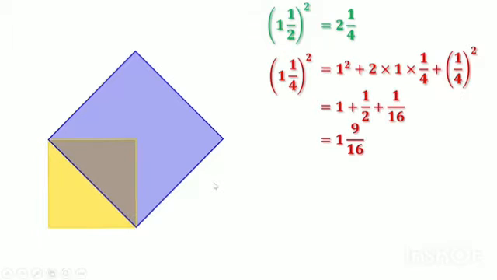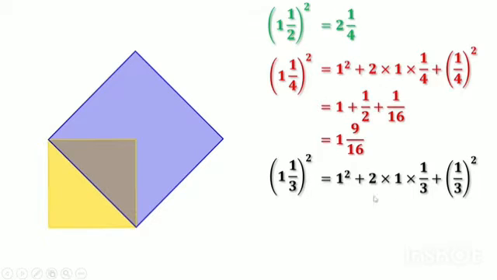Can it be 1 1 by 3? Let us check by taking the square of 1 1 by 3. This is 1 plus 1 by 3. Therefore, the square is 1 squared plus 2 into 1 into 1 by 3 plus (1 by 3) squared. 1 squared is 1, 2 into 1 is 2, 2 into 1 by 3 is 2 by 3, and (1 by 3) whole squared is 1 by 9. When we multiply the denominator by 3, it becomes 9.